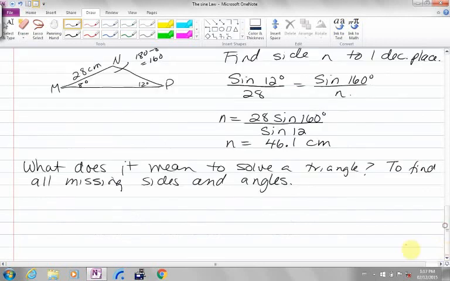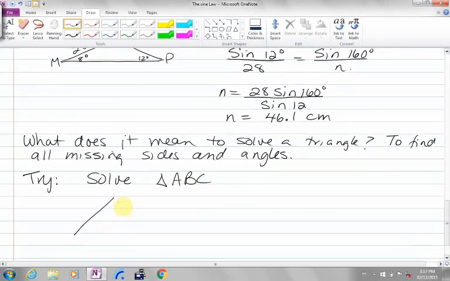All right, so this is the one you're going to try. I want you to solve triangle ABC with this given information.